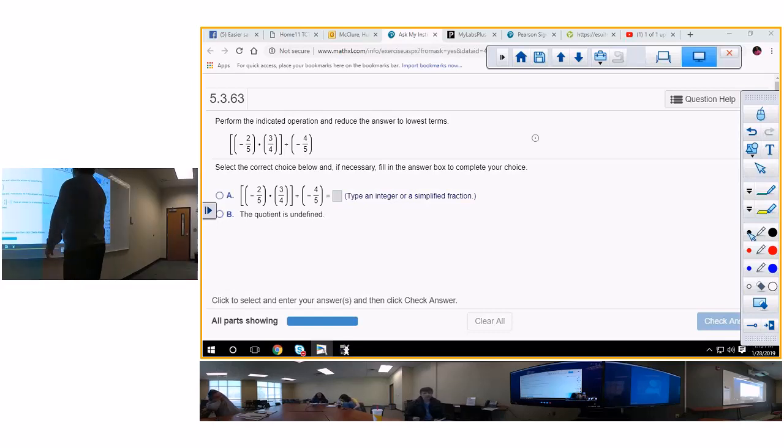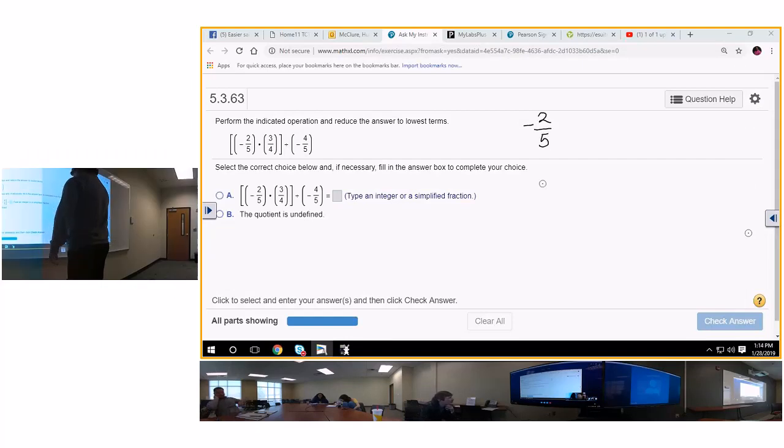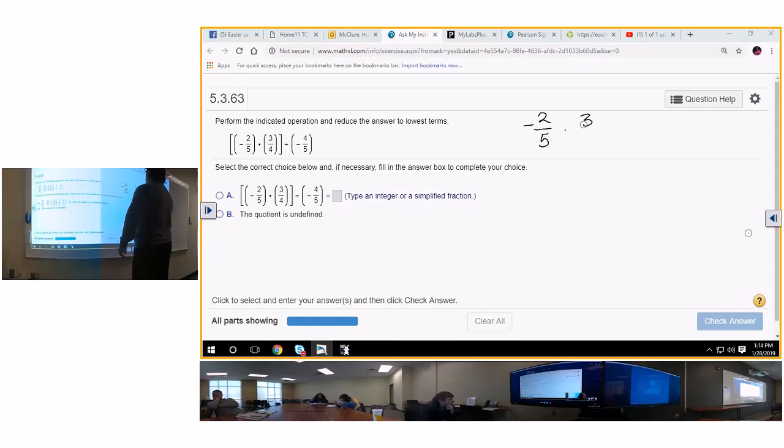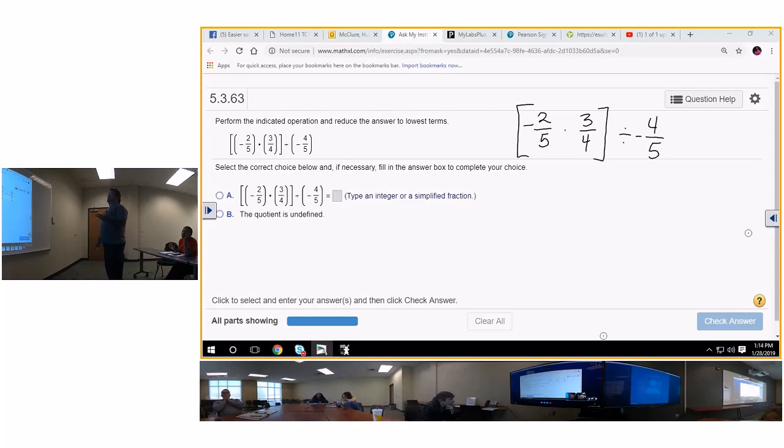Negative 2 over 5 times 3 over 4, brackets, you don't need all them parentheses, divided by negative 4 over 5. Okay, what do we attack first? Parentheses. What's in the parentheses? So let's do that. We can cancel.